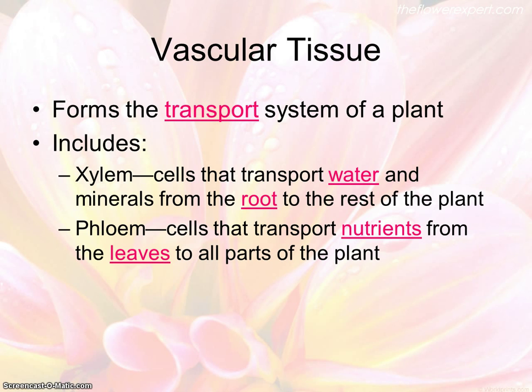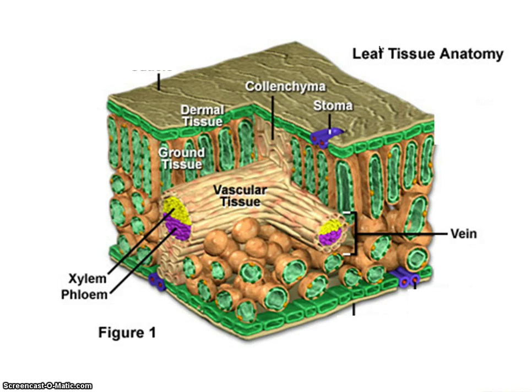And then the xylem is usually going to flow in the opposite direction. It's going to flow from the roots and carry the water that's absorbed from the bottom of the plant up to the top. So they can move in both directions, but those are the main directions of the xylem and phloem. Okay, and like I mentioned before, in the veins of your leaf, you're going to find your xylem and your phloem.